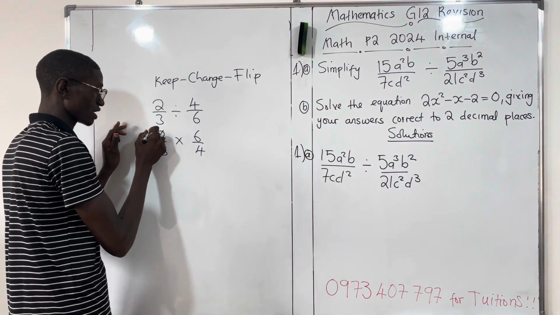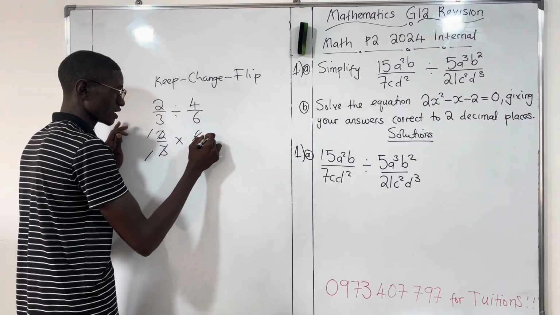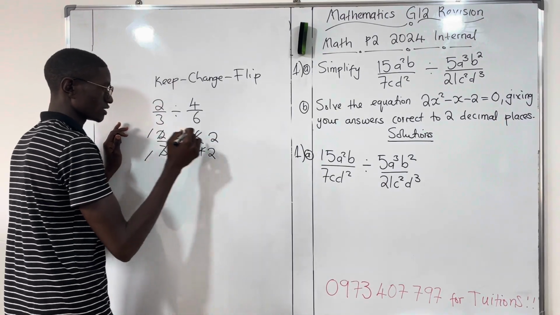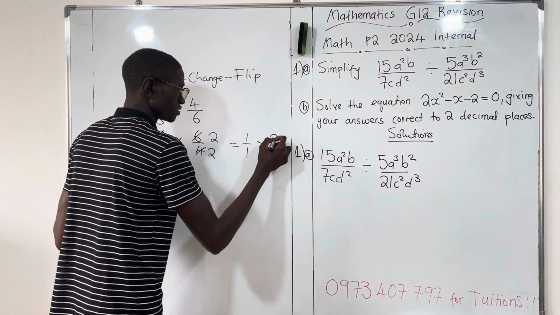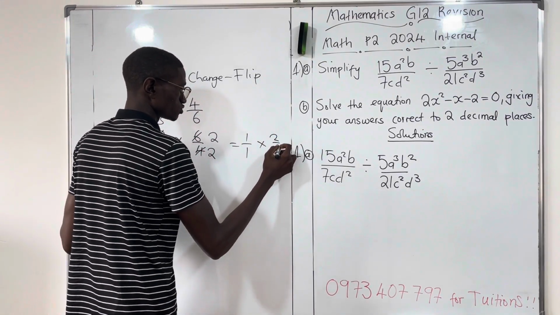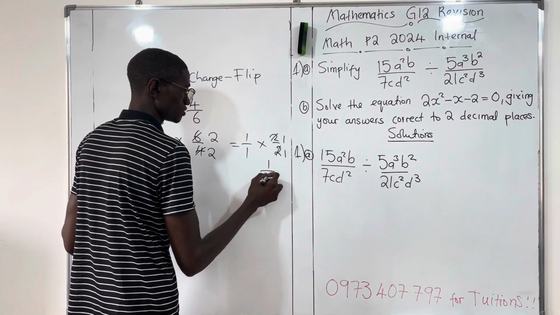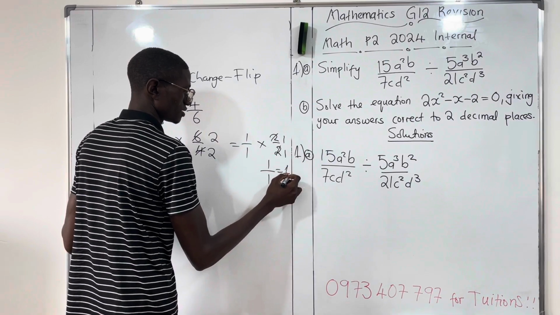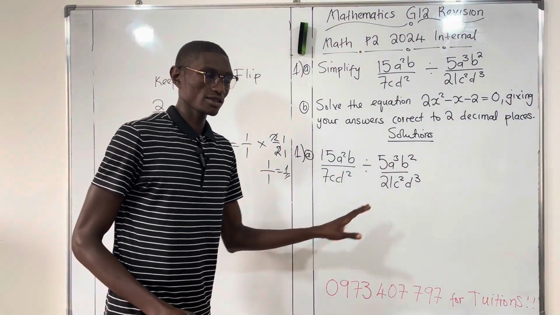So you can say 2 there, 1, 2 there, 2, 3 there, 1, 3 there, 2, 1 over 1 this side, that is what we're remaining with, times 2 over 2, which you can also reduce. 2 there, 1, 2 there, 2. 1 times 1, 1. 1 times 1, 1. 1 divided by 1, 1.